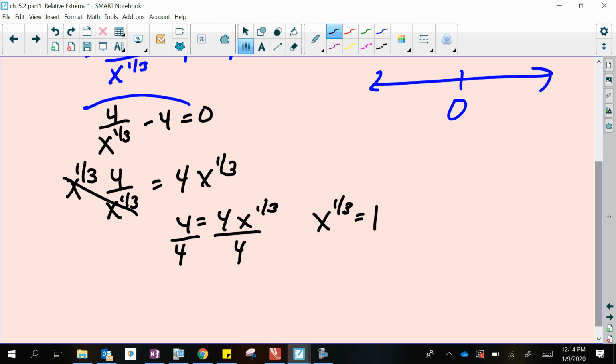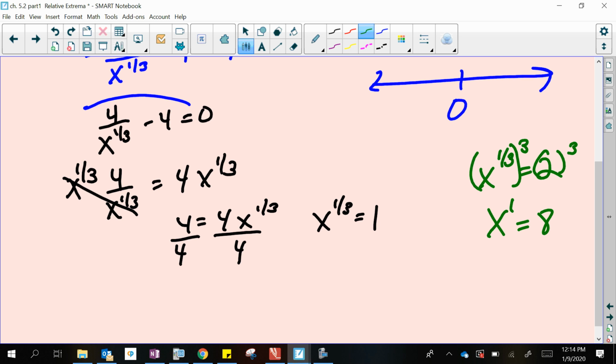But what if, just to prepare us for the next example, what if it were this? There you go. So you cube this side and this side. Does that make sense? So then x to the 1/3 to the third gives us x, and it equals 8.